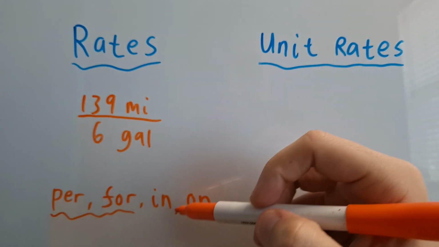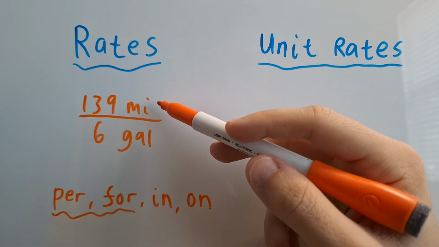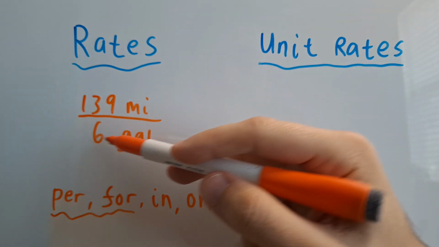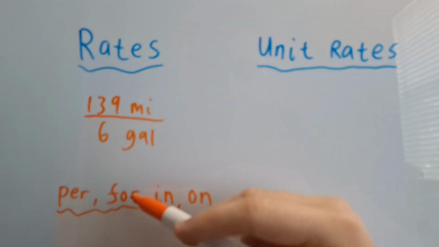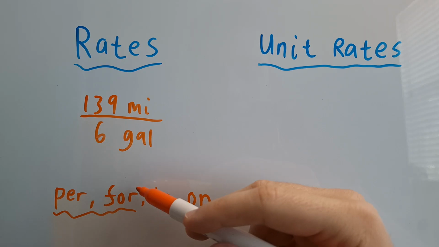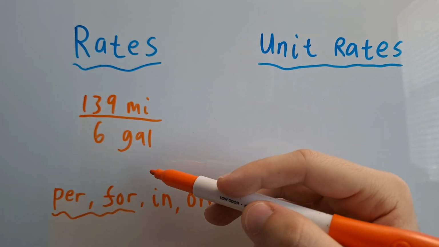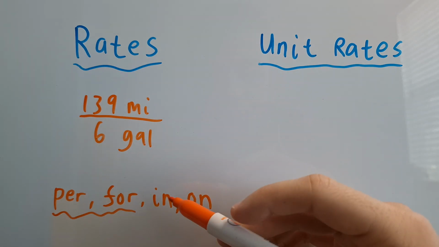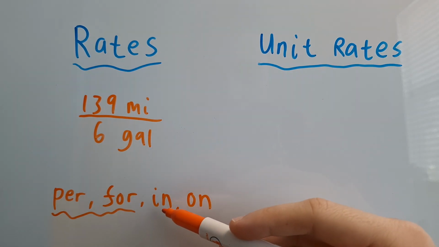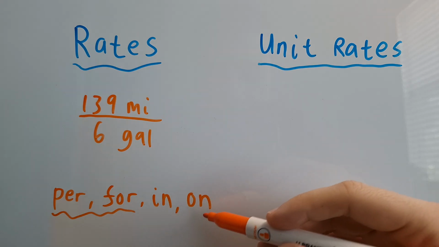Examples of each of these, we can say 139 miles per 6 gallons. We could say something like $20 for 4 pounds of groceries. 400 meters in 45 seconds.